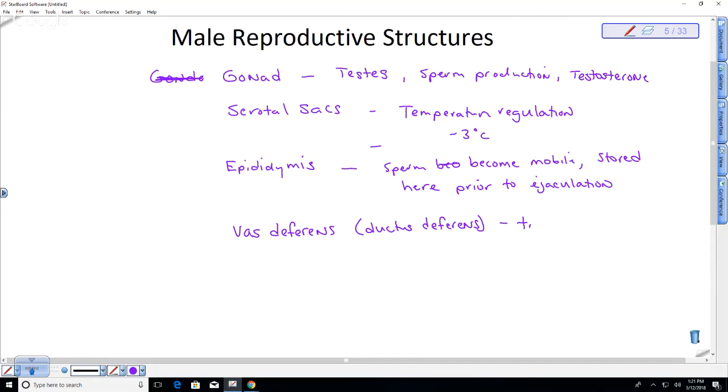So this transports the sperm into the body cavity. It has to go into the body cavity because in males it has to hook up with the urethra, and then it has to come out of the penis. It also has to pick up nutrients and important other components of the semen. So let's look at the diagram that I handed out to everybody.